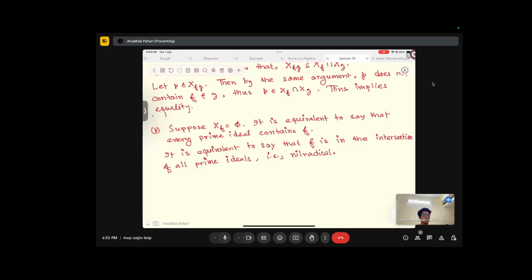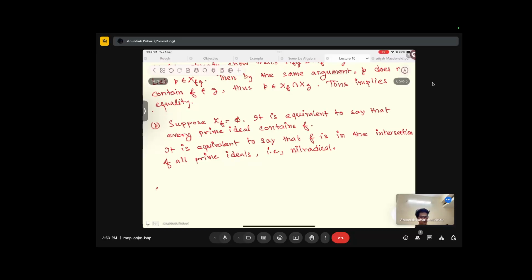What I'm trying to say is that X_f is empty means what? That V_f is the whole set, right? So f is contained in all prime ideals, and if f is contained in all prime ideals, then f is contained in the nil radical. That means what? That f is a nilpotent element.